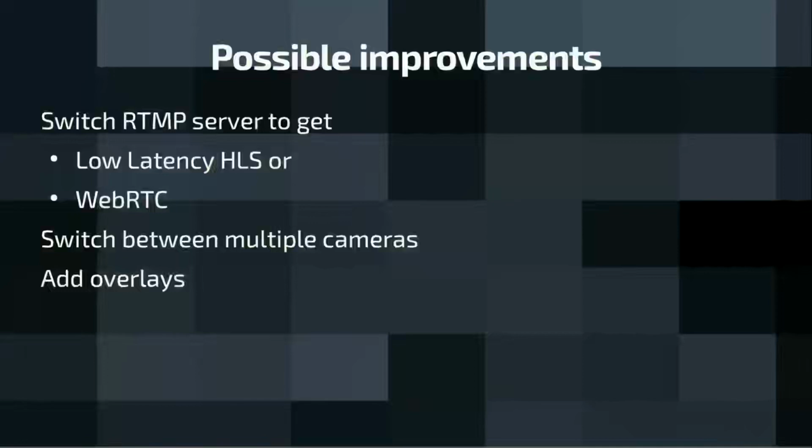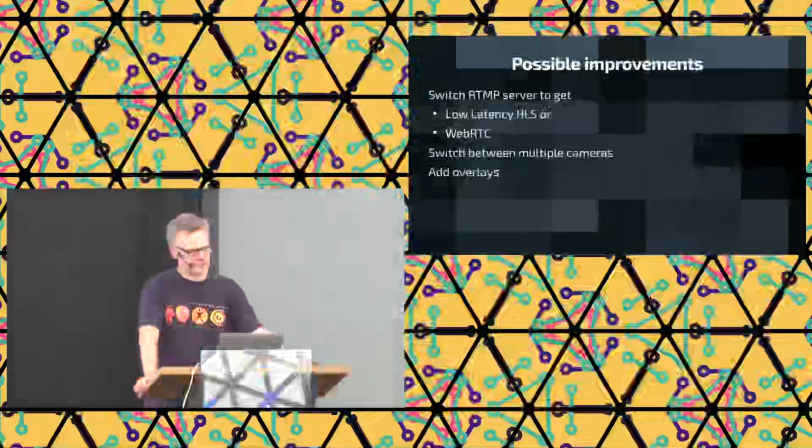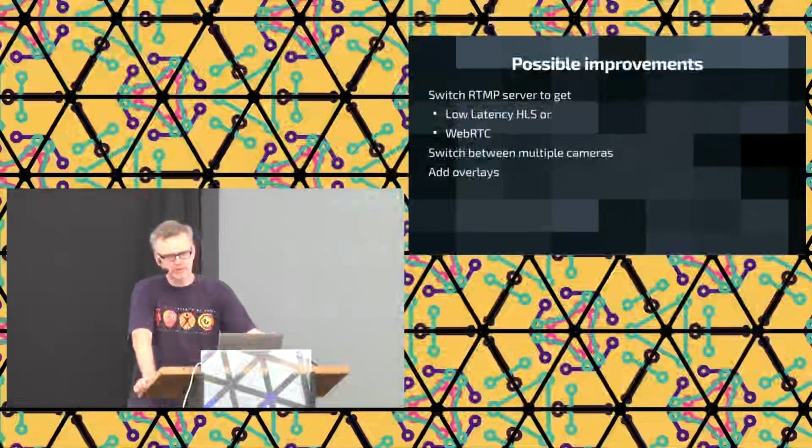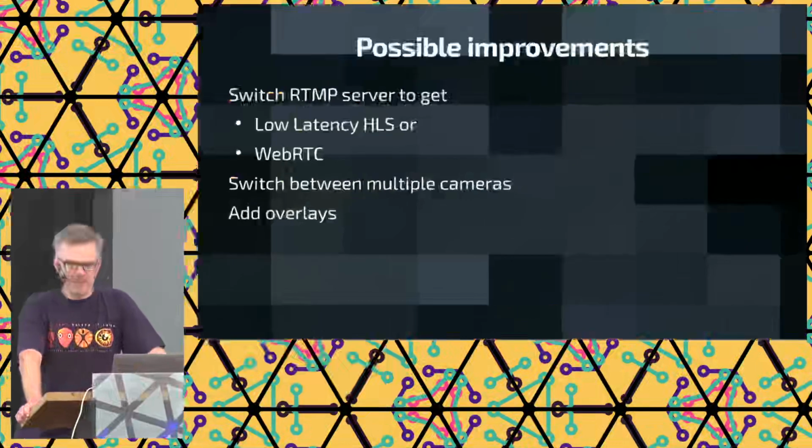So some possible improvements, besides the fact that the stream stopped, is to switch the RTMP server to get low latency HLS. And depending on your audience, if you have a small audience, you can also use WebRTC instead of HLS, which means a lot lower latency, less than 1 second mostly, but it doesn't really scale.